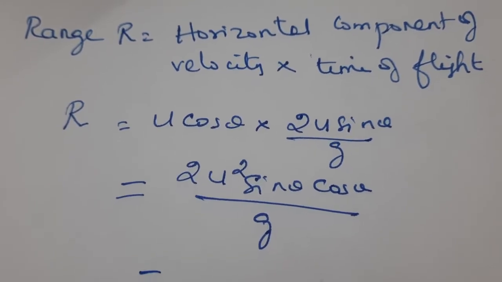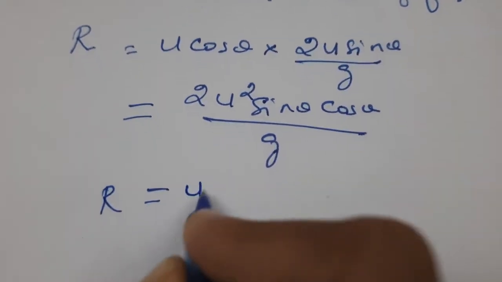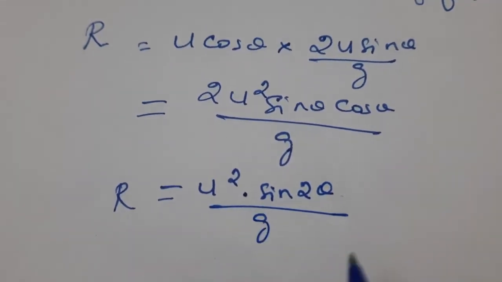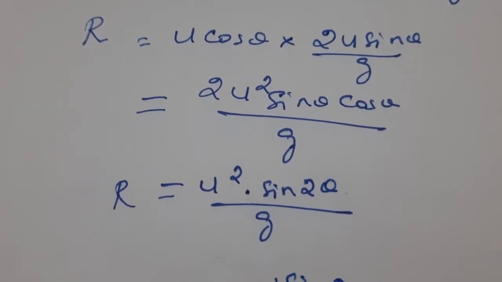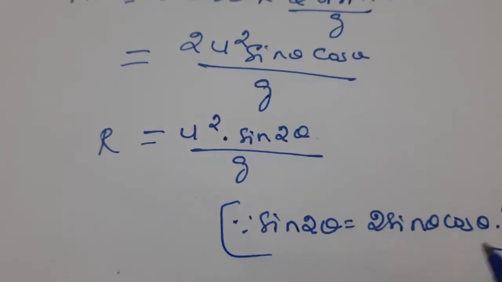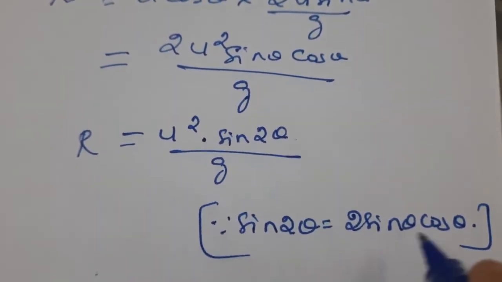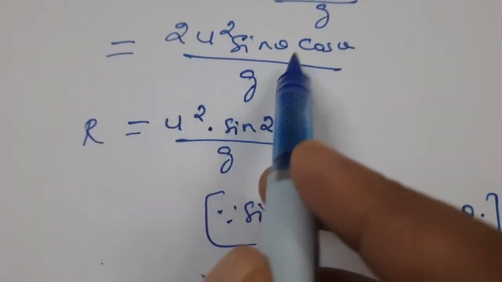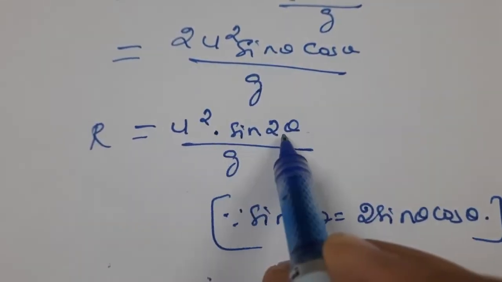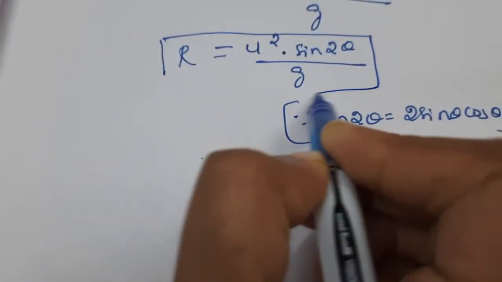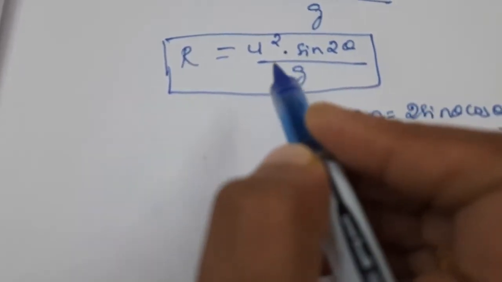Again we can write it like this: R is equal to u square sin 2 theta by g, since sin 2 theta is equal to 2 sin theta cos theta. So instead of 2 sin theta cos theta, we can substitute sin 2 theta. So range R is equal to u square sin 2 theta by g.